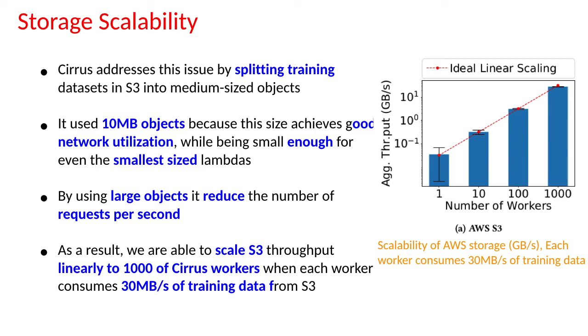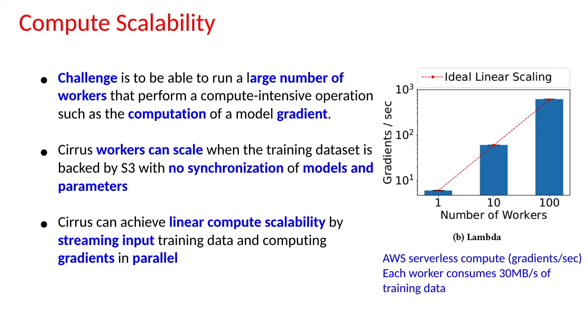Now let's understand the compute scalability. The challenge for compute scalability is to run a large number of workers that perform a compute intensive operation such as computation of the model gradient. CIRRUS workers can scale when the training dataset is backed by S3 with no synchronization of models and parameters.